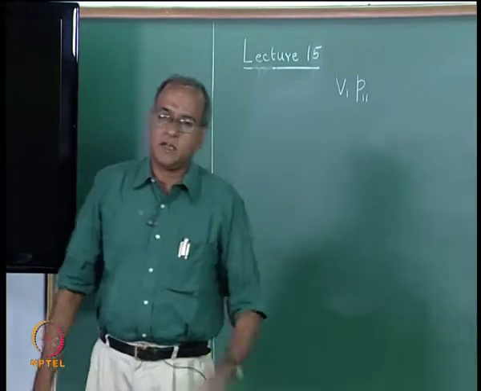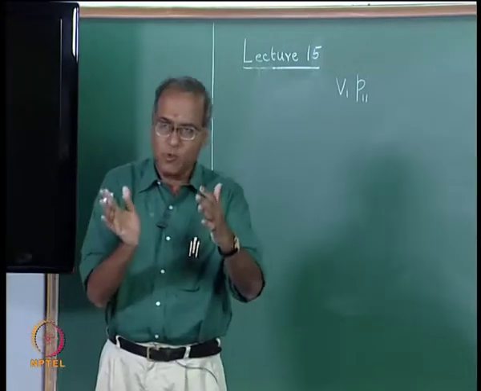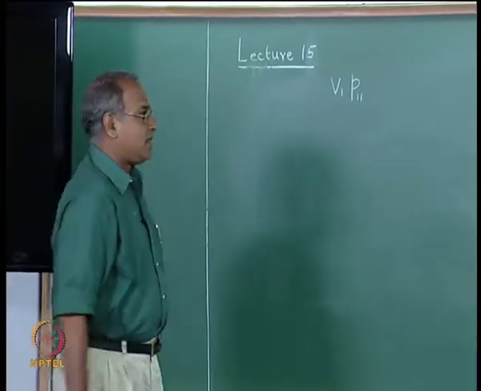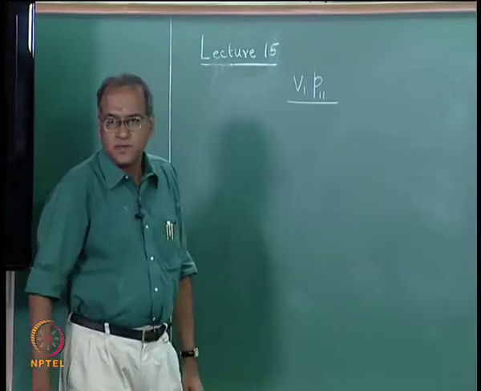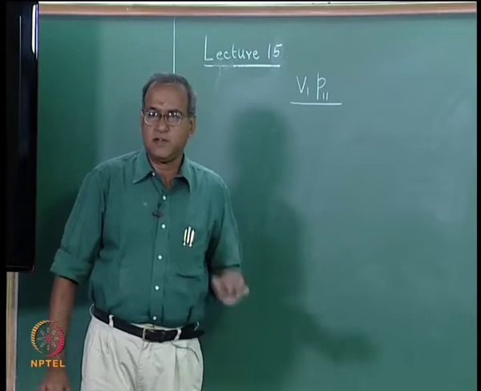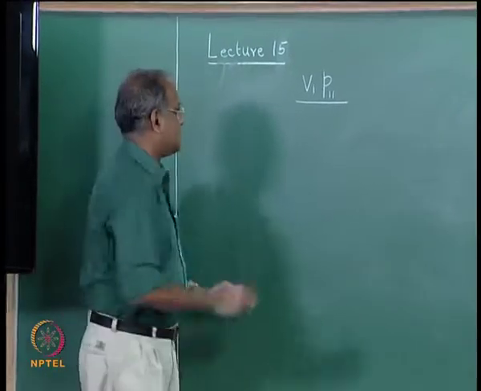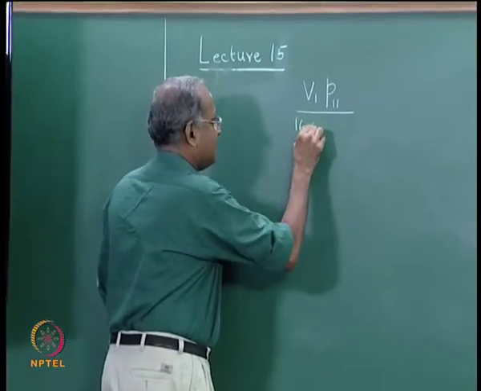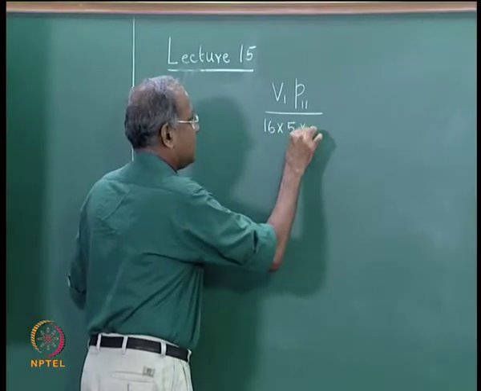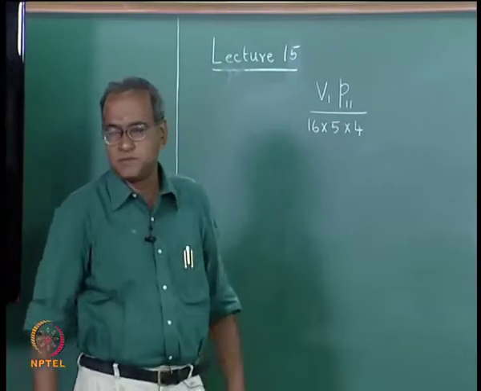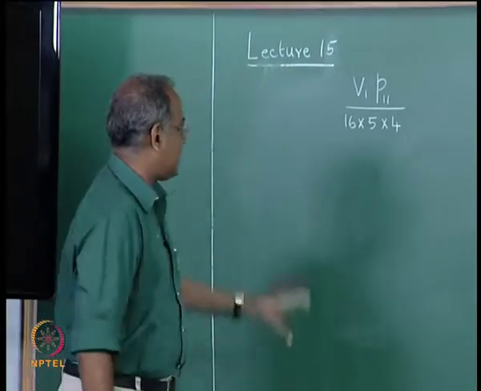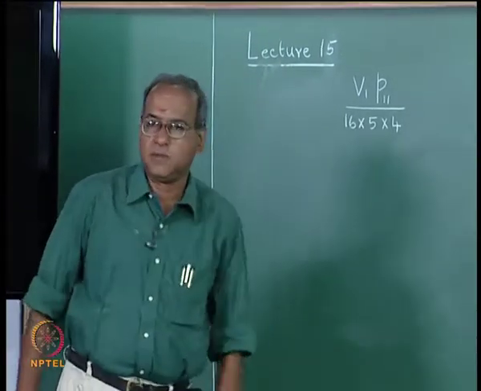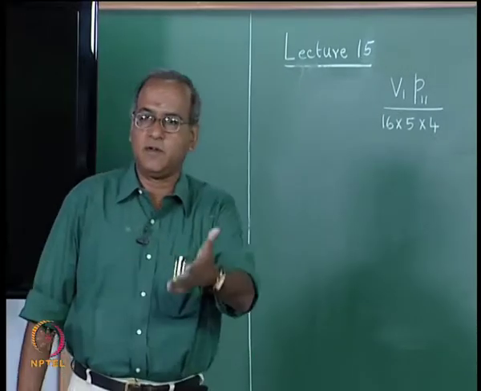Now, the machine availability for the same 1 month period, if we assume that we work 16 hours a day and 5 days a week, will be 16 hours a day into 5 days a week into 4 weeks in a month. This will give us a fraction, or invariably a number between 0 and 1.